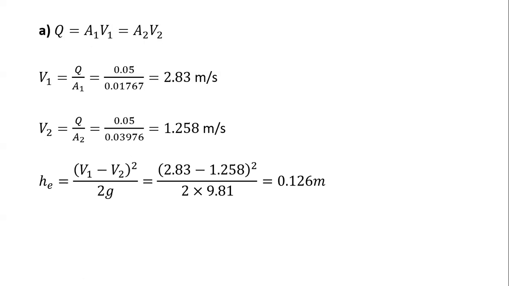We said it is (V1 minus V2) squared over 2g. So we plug the two values inside, (2.83 minus 1.258) squared over 2 by 9.81. So due to that enlargement, we have 0.126 meters as our head loss.